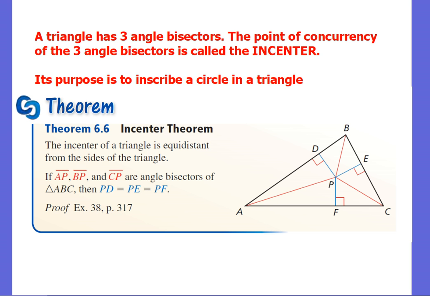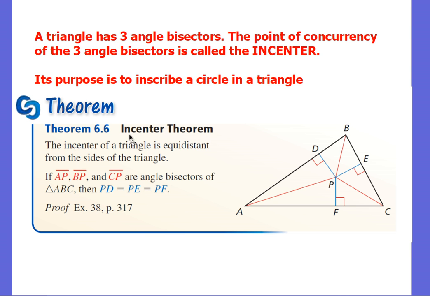Now the incenter that we're going to be discussing in this video is created by the three angle bisectors of a triangle. As we can see right here, BP, CP, and AP are all three angle bisectors of that triangle.